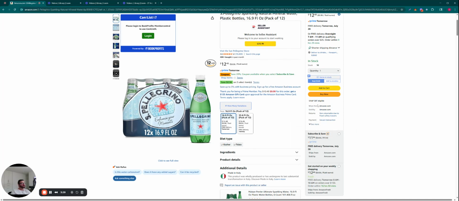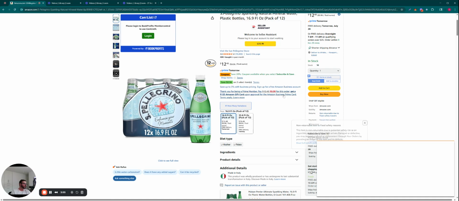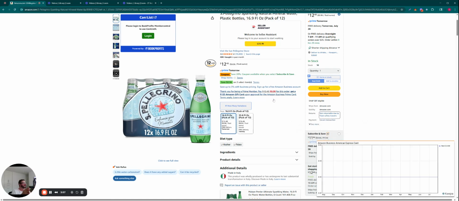Where it says ships from Amazon.com, this means it's shipping from an Amazon facility, out of the thousands of facilities Amazon has across the United States. It's not coming from a third-party seller or someone's house or private warehouse. This product is coming directly from Amazon's facility and it's fulfilled by Amazon.